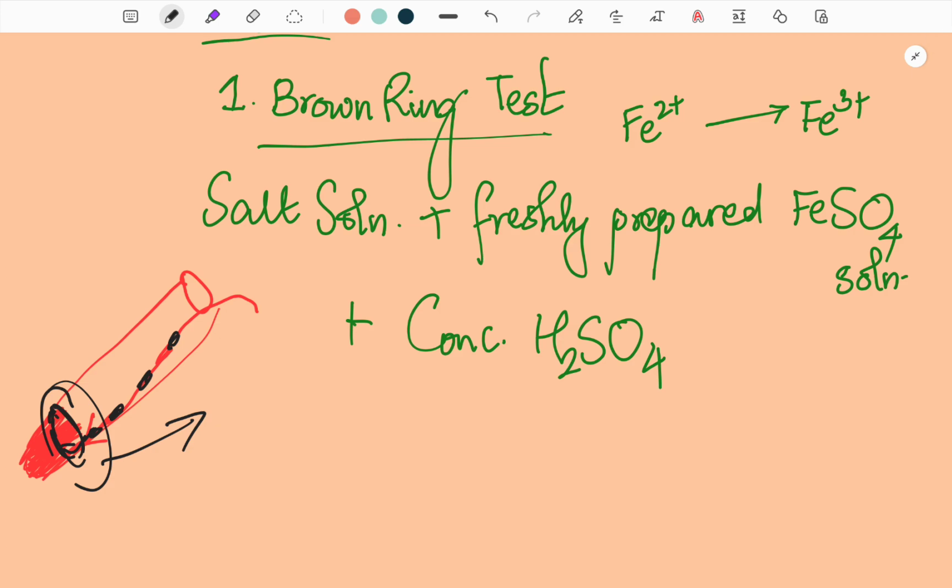Now, in your viva, they will definitely ask you what the brown ring that is formed is. The brown ring that you are seeing is known as nitrosoferrous sulfate.